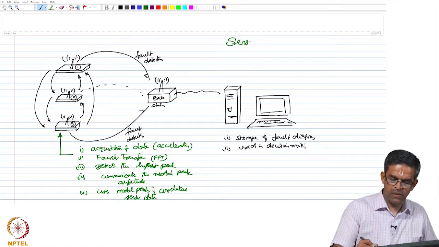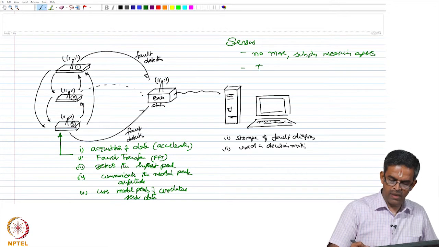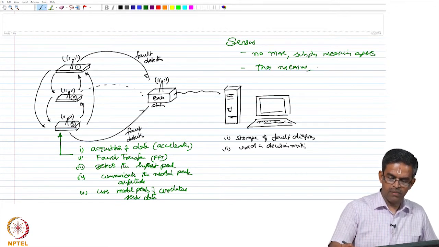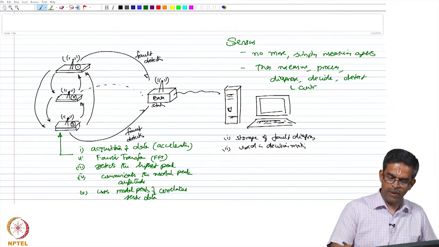So, now friends, please understand, sensors are no more simply measuring agents. They measure, process, diagnose, decide, detect, and also sometimes apply control.